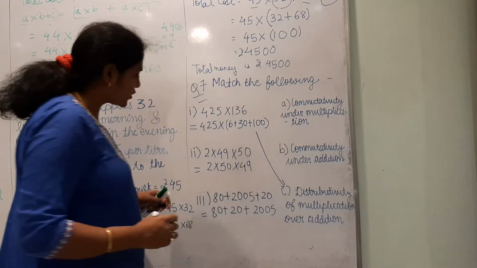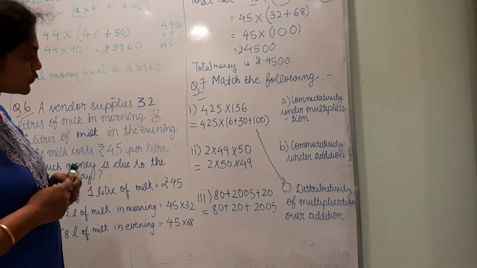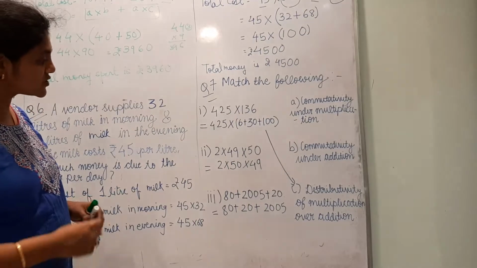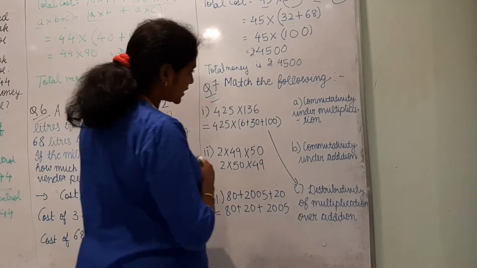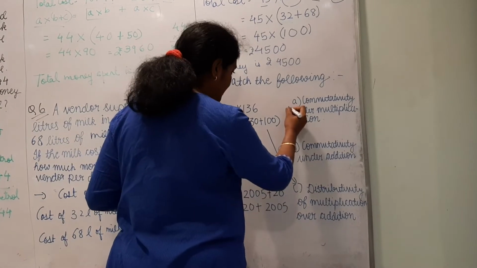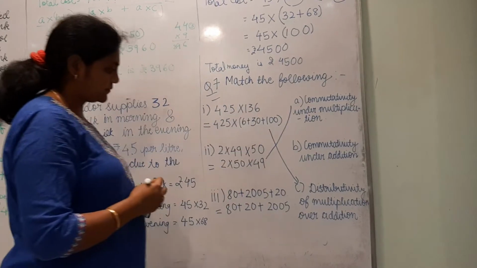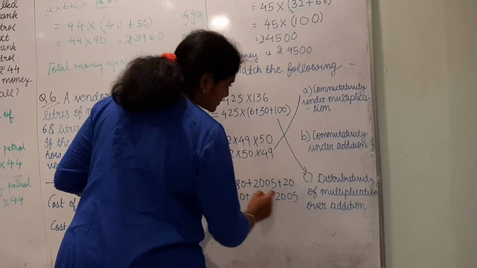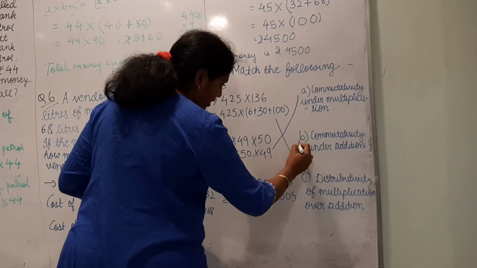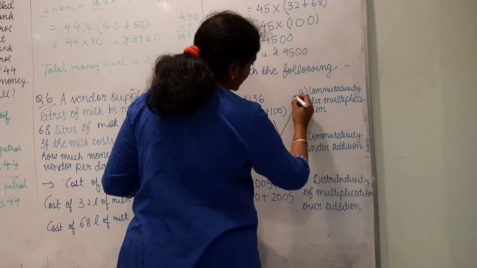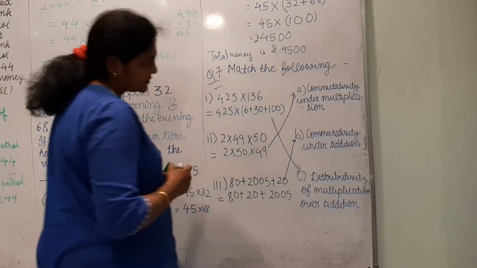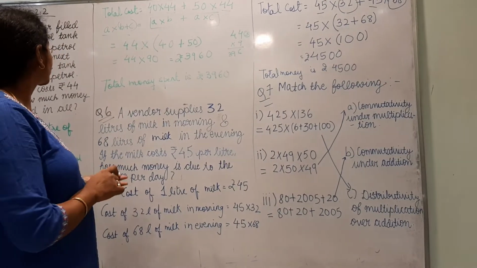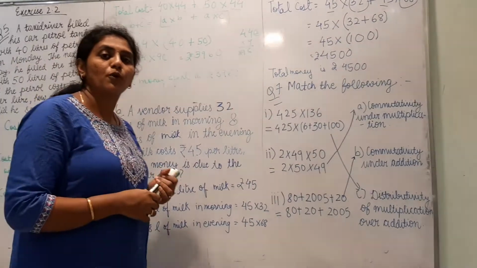Second, 2, 4, 9: they have just rearranged. Rearranged means this is commutative property under multiplication. Then again they have rearranged these terms, so this will be commutative property under addition. So this is the match the following, and this completes your exercise 2.2.